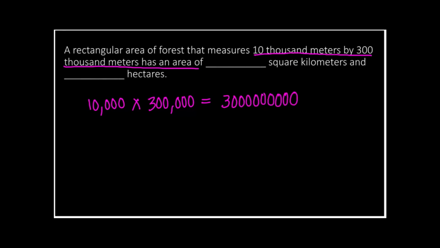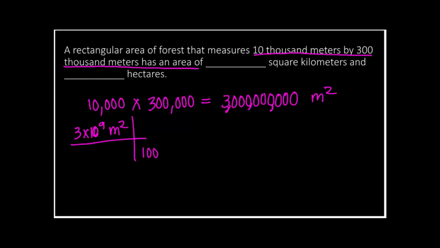I like to write all my zeros, and then I write my commas. So that's going to be square meters, and then we'll have to convert that to kilometers. So I'm going to call that 3 times 10 to the 9 meters squared.